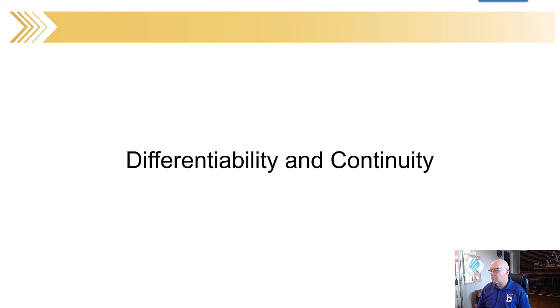Last of all, but not least exactly, differentiability and continuity. A very quick summary on this, and then we'll breeze through the last slides. Let's call this D and this C just to make things real simple.